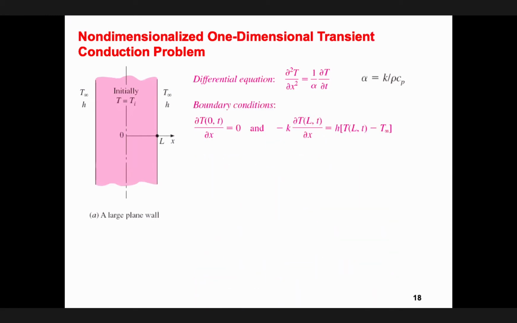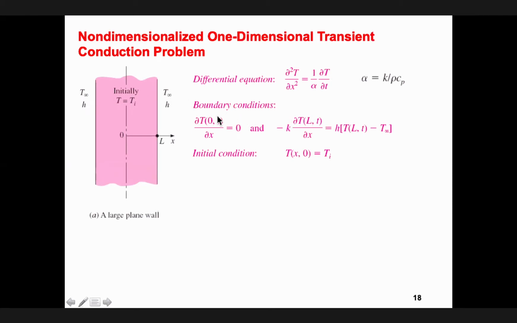We are trying to solve this problem for the case that initially the temperature was T0, and suddenly we expose it to an environment at T infinity. Therefore, at time equals 0, the temperature is Ti, and we assume the heat transfer is symmetric, so the right-hand side and left-hand side have the same condition.